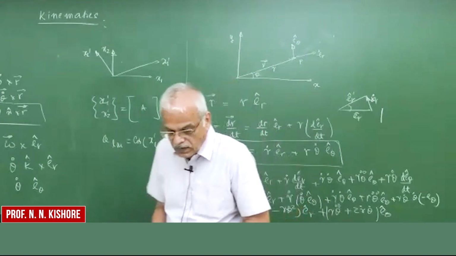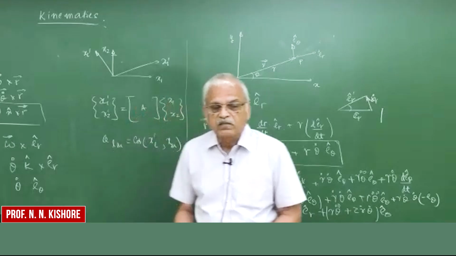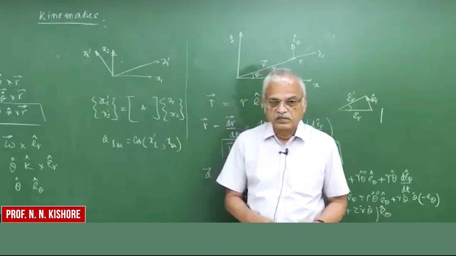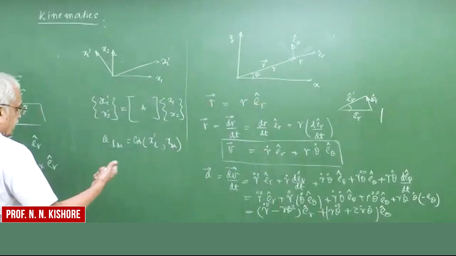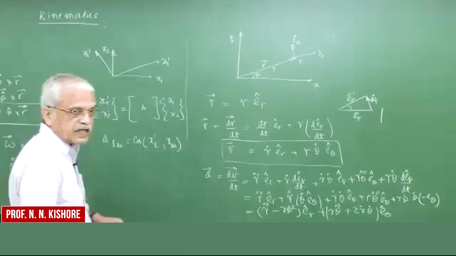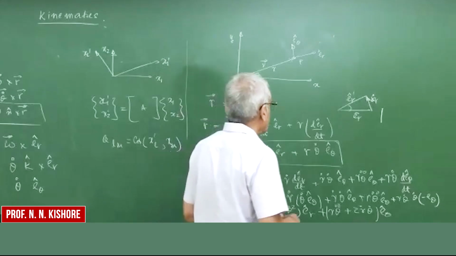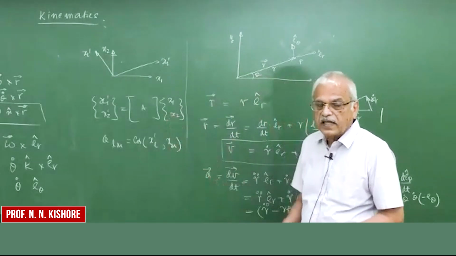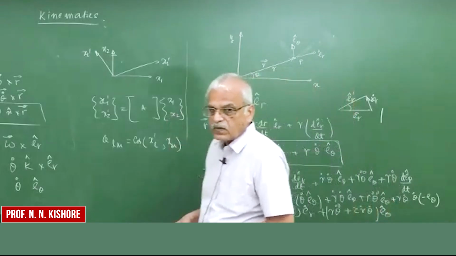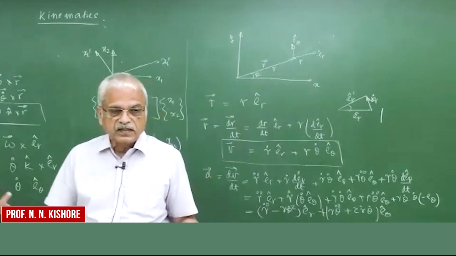Okay, so now let's continue this to a more complex problem. The cylindrical coordinates are nothing but polar coordinates with an addition of one more term, z k. So z k is not going to offer you any complexity.